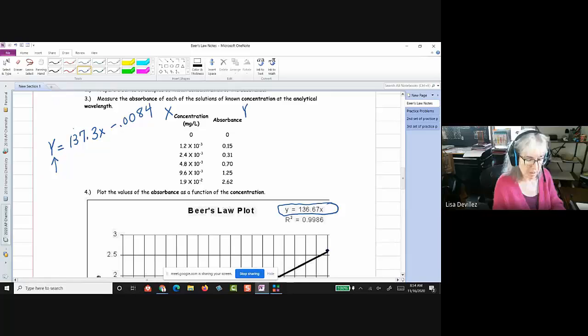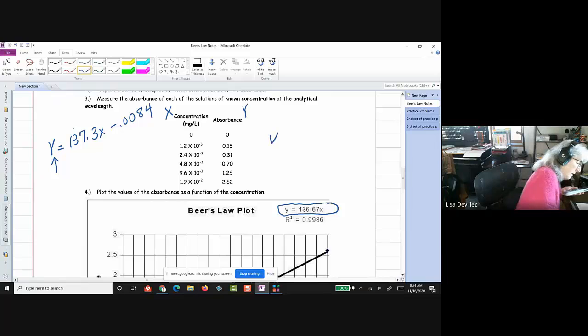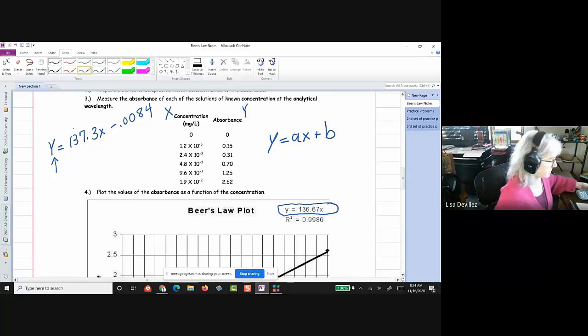Yes. Okay, so it's giving you the form of y equals ax plus b. So you'll just plug in those numbers there, and that's your equation that you'll be working with.